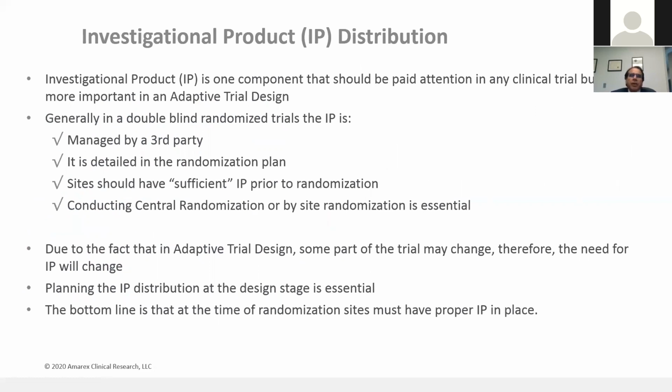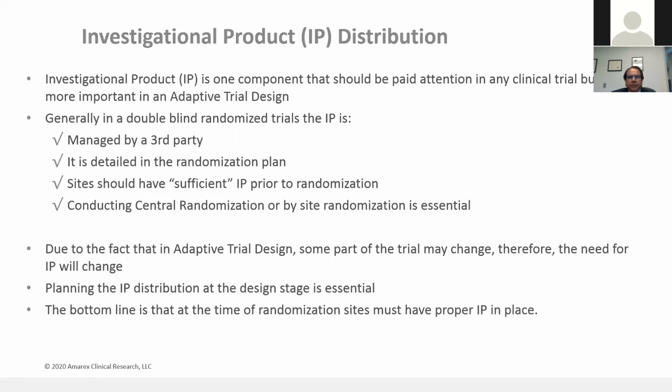Generally, in a double-blind randomized trial, the IP is managed by either the sponsor or a third party, or depot, if you may. So with a mechanism, when the site uses some of the material in the site, then the site will let the third party know that they need more IP, and then the third party will send the IP there.